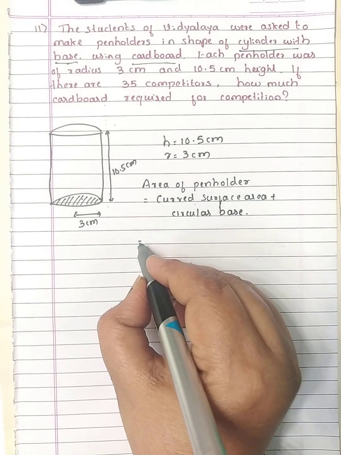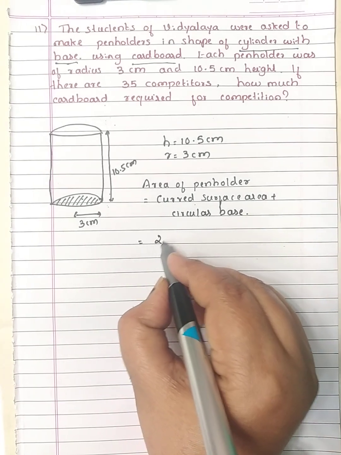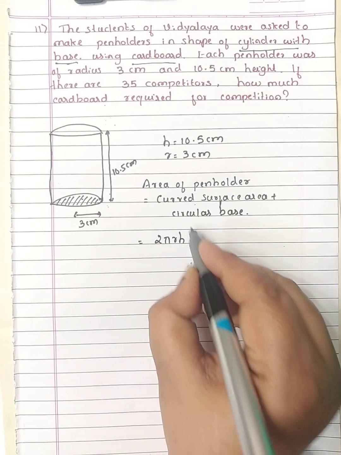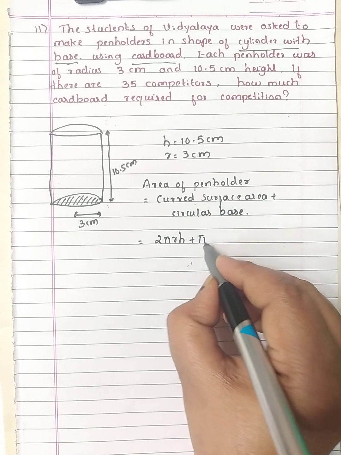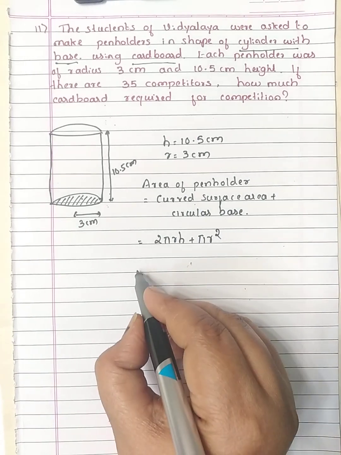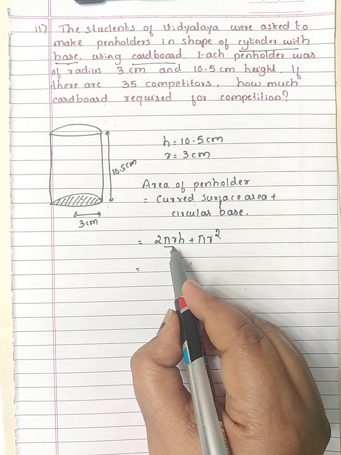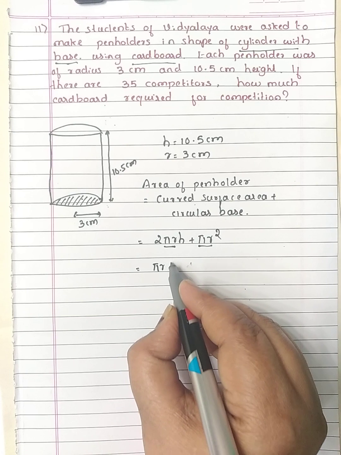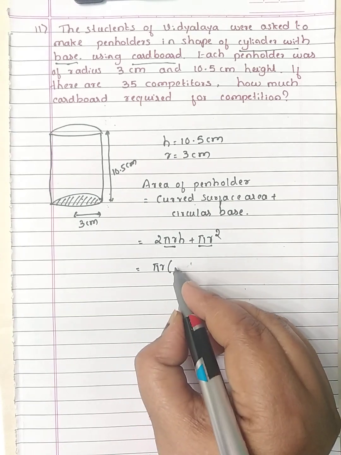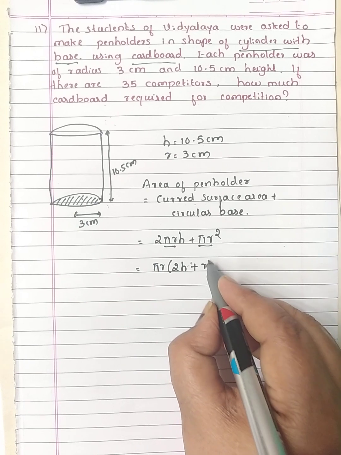The formula for curved surface area is 2 pi r h, and for the circular base, the area of circle is pi r square. Now from this we take out the common: here is pi r and here is also pi r. We take out pi r as common. The remaining is, in the first term 2h, plus here is r.